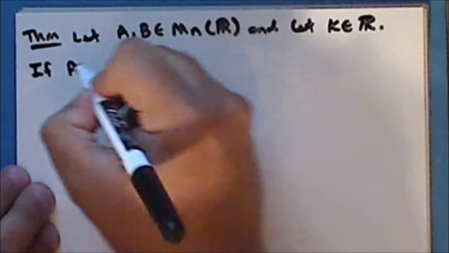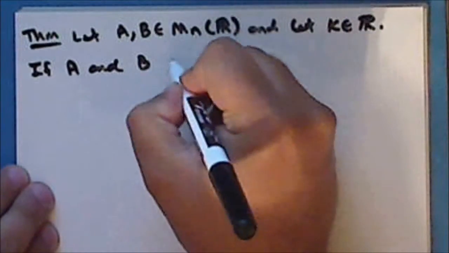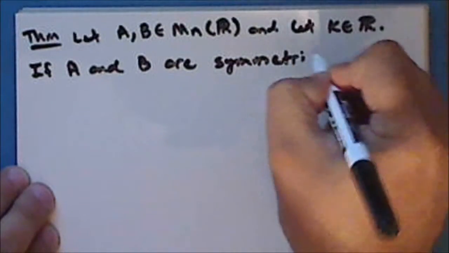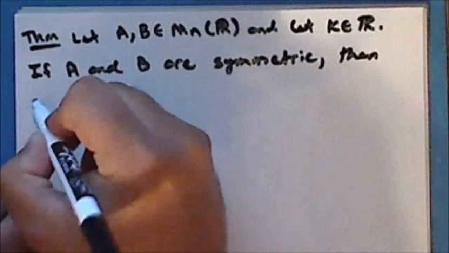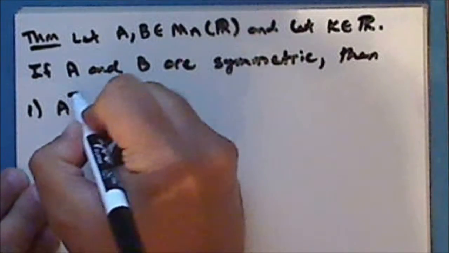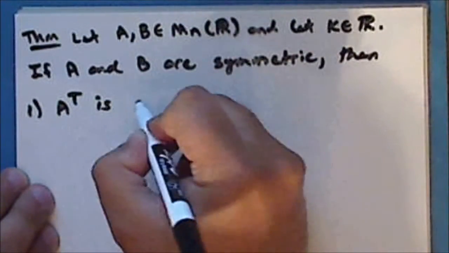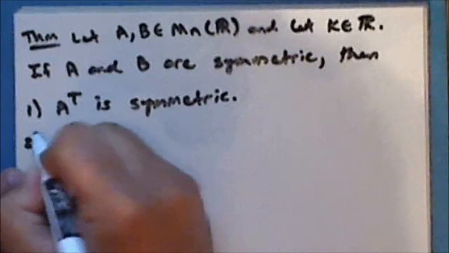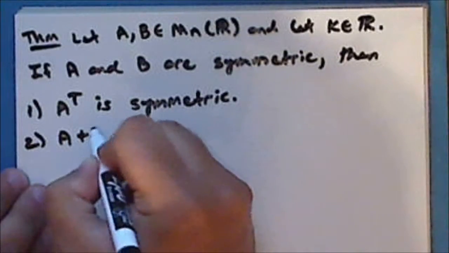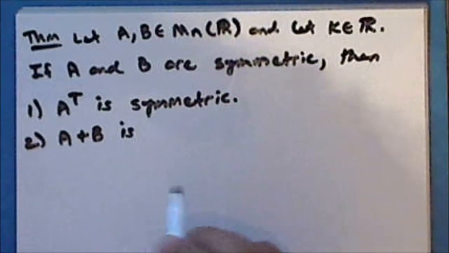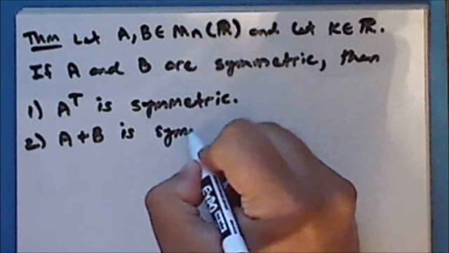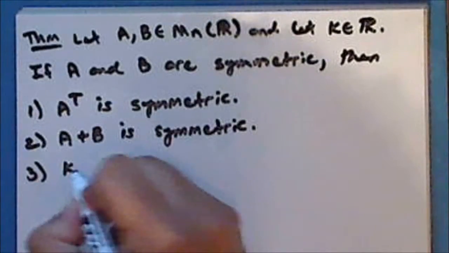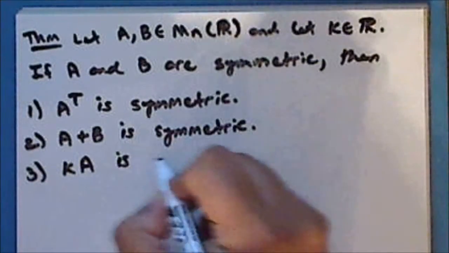If the matrices A and B are symmetric, then A transpose is symmetric, the sum A plus B is symmetric, and the scalar multiple K times A is symmetric.